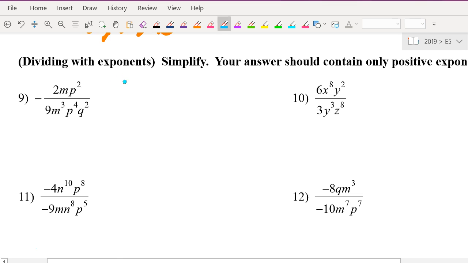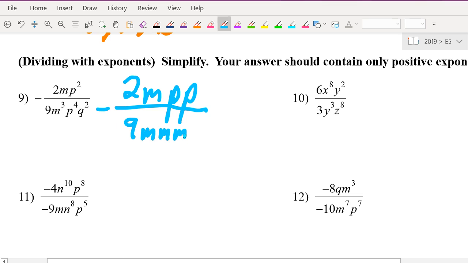Help me expand the numerator. 2M. Then what? 2 P, negative P. All right, what's on the bottom? 9 M, M, M, P, P, Q.